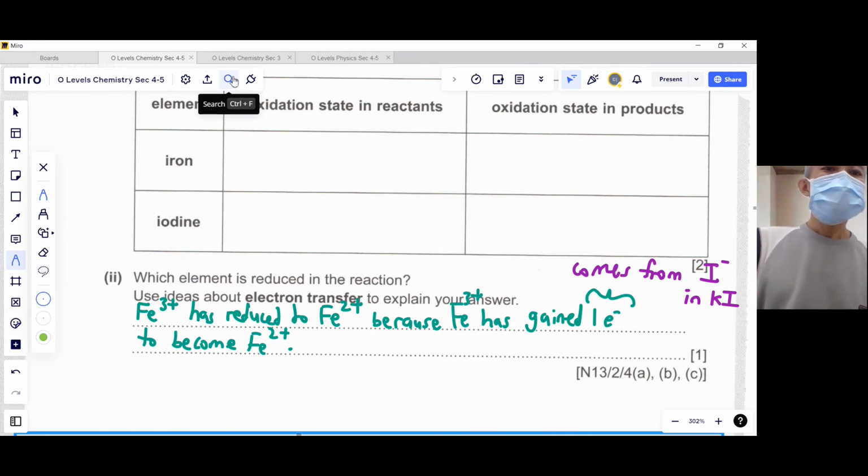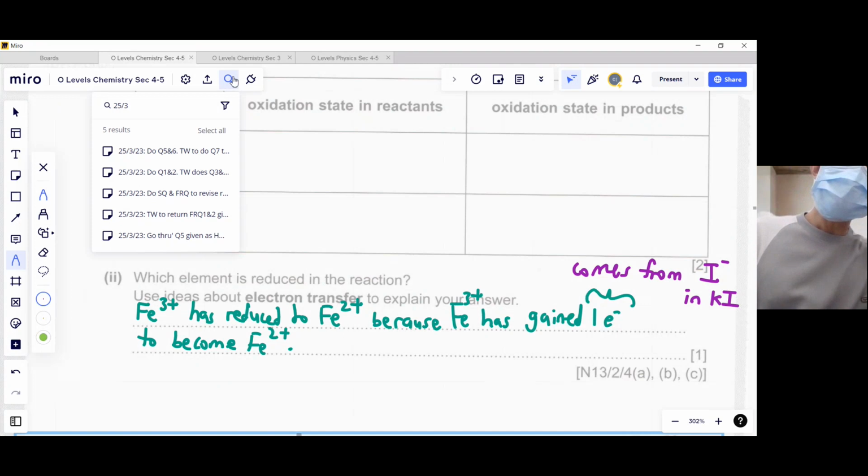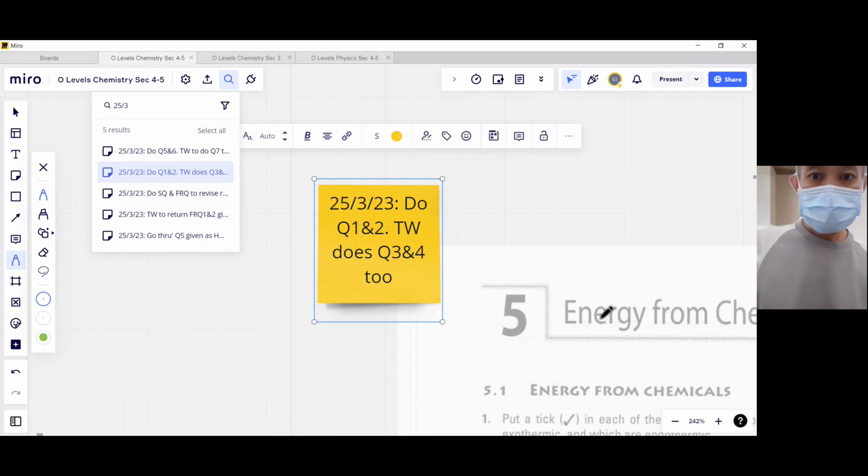Okay, quick revision. Energy changes, except for Take Y, is about exothermic and endothermic reactions. Kashan, tell me what's meant by exothermic.